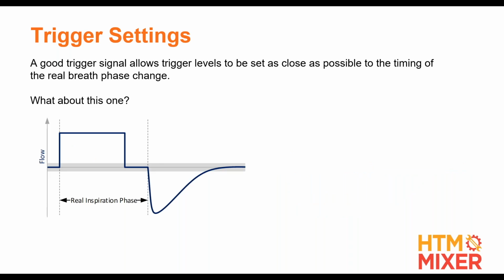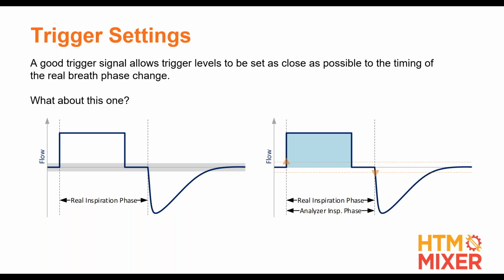If we find a signal that looks like this one, what do you think then? Good or bad? Who says good? Who says bad? Who's non-committal? All right. This is actually a very good signal, okay? Because what we can do here is we can set our trigger level here, and we have a nice sharp rise.